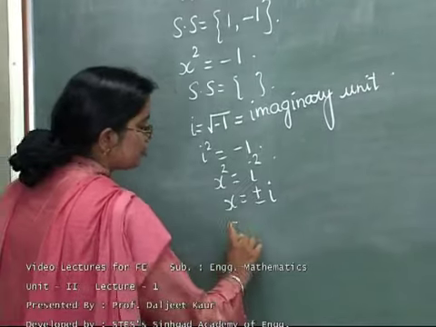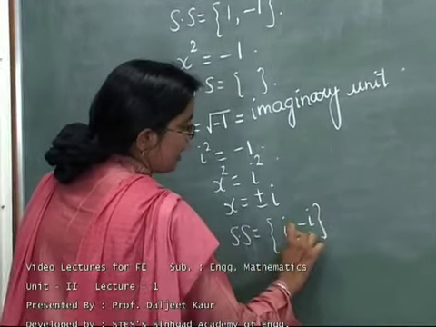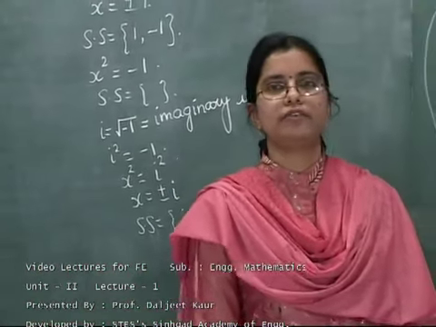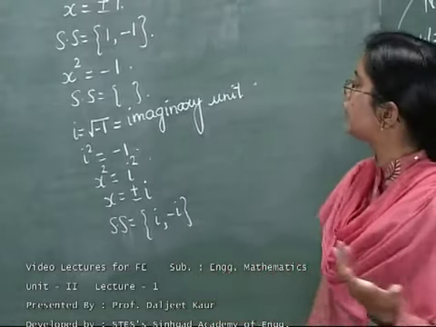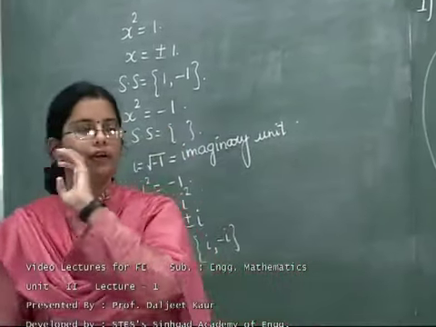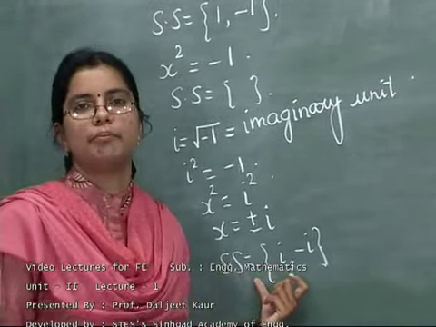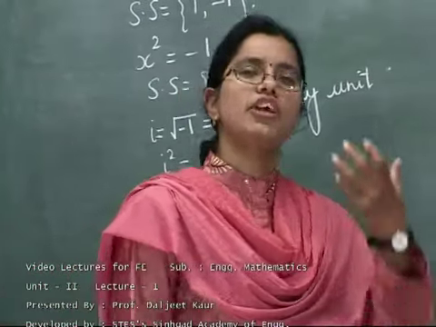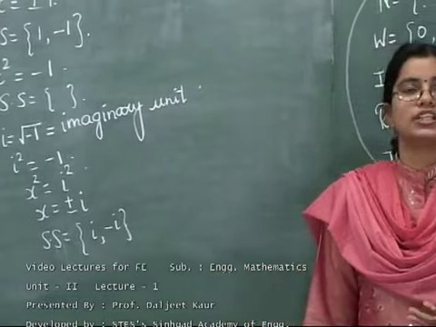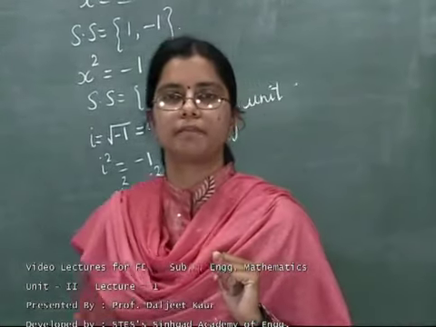So my solution set is plus i and minus i. Now what do you observe? All those equations which have no solution in the real number system have a solution in the complex number system. And this is one of the reasons why we study complex numbers. This is the significance of complex numbers.